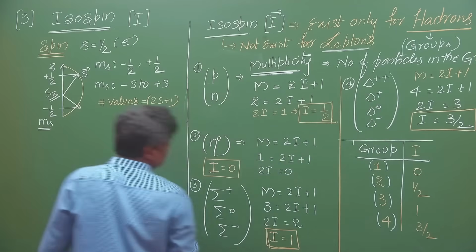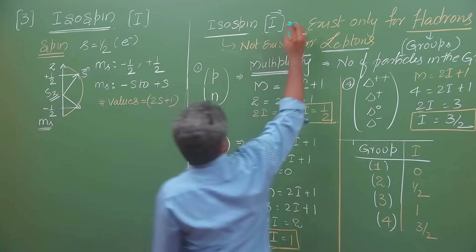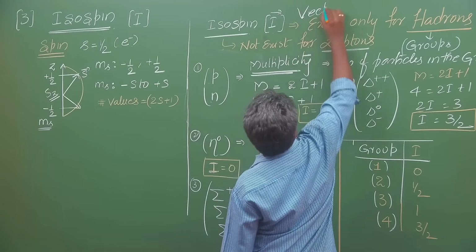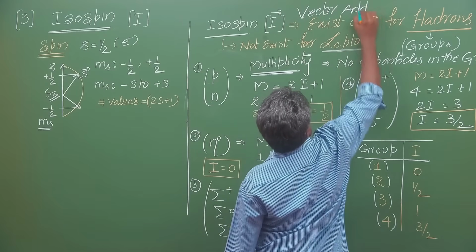And which addition? Isospin follows which addition? Vector addition. It's a vector.